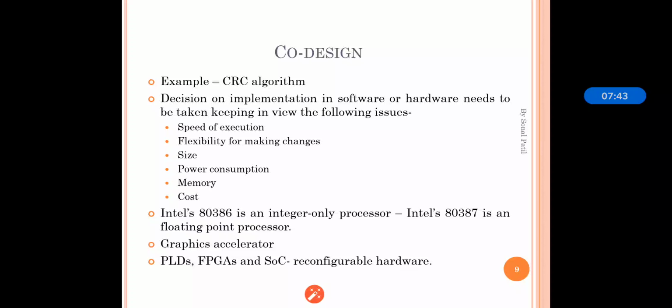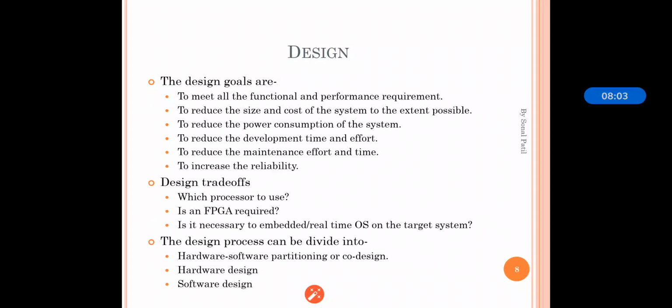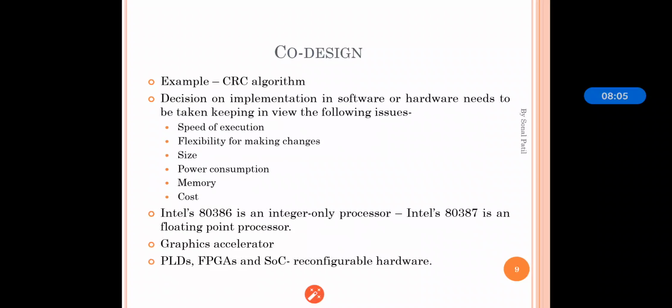When we are thinking about the processor, Intel's 80386 is an integer-only processor and the 387 is a floating point processor. As I said, according to the need of the system, the processor is chosen.